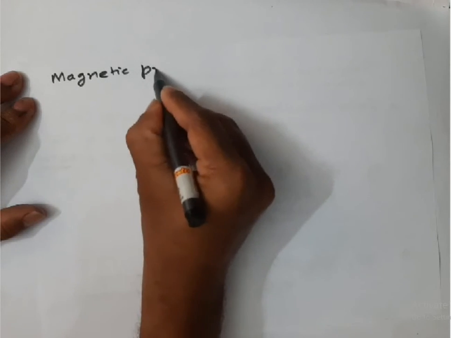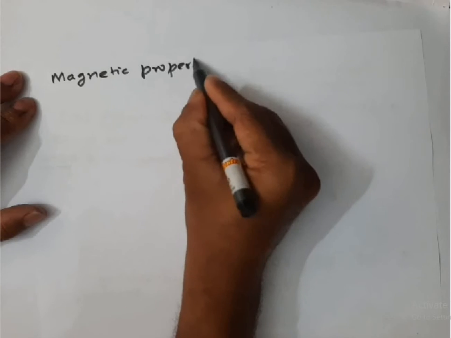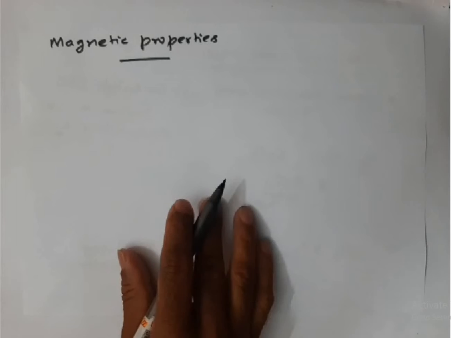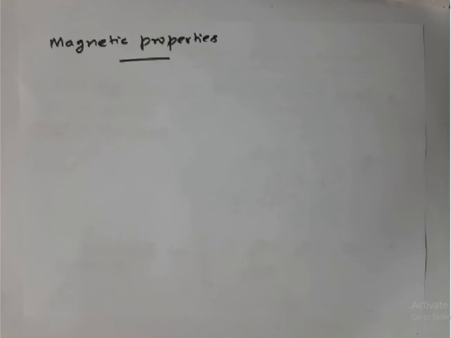Magnetic properties of solids. I have told you in the beginning, if you want to study any property of the material, we should apply some effect on the material, and we should see the response.